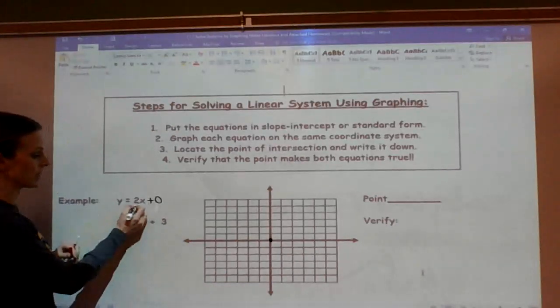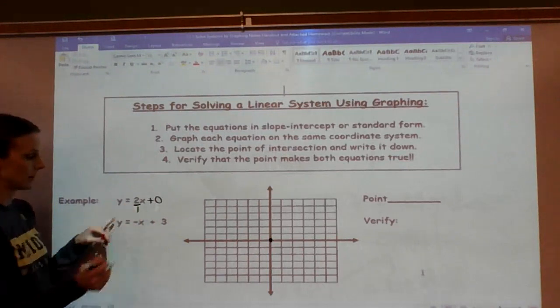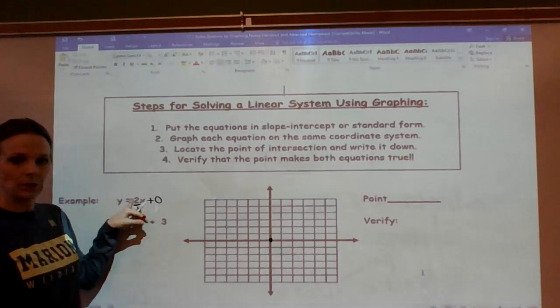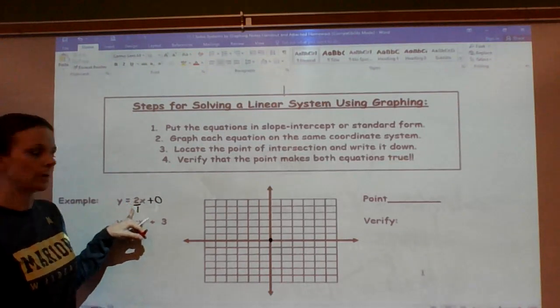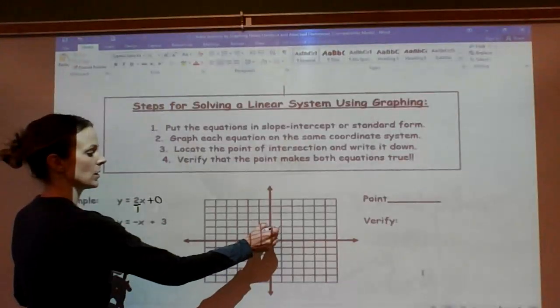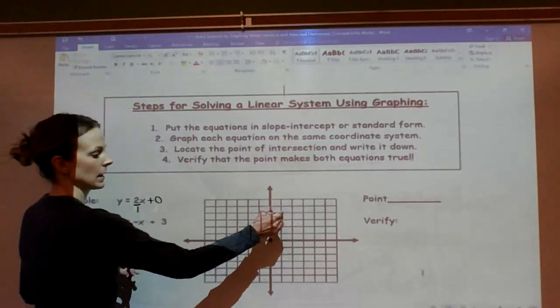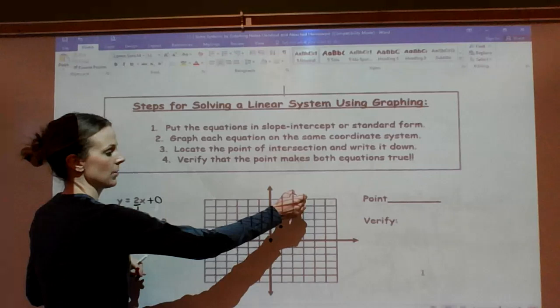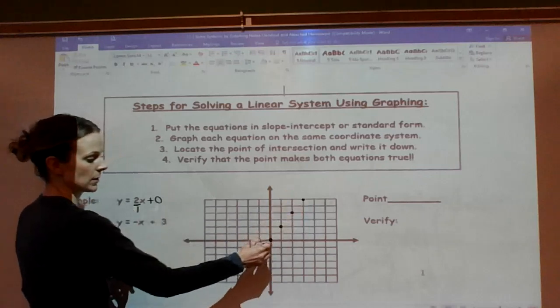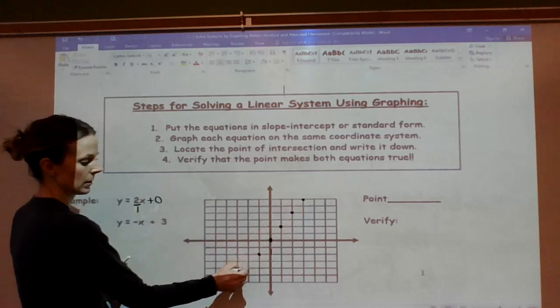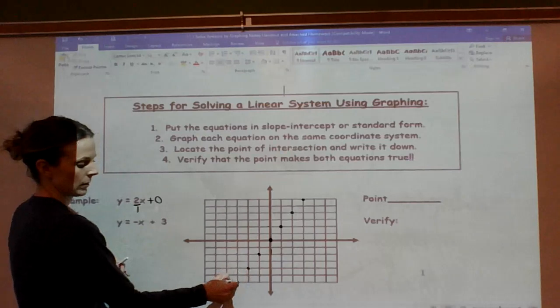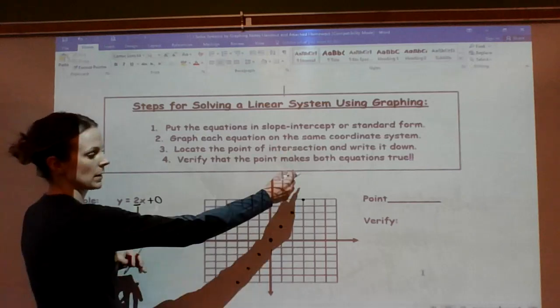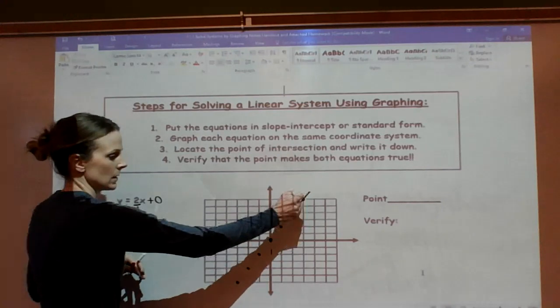So I want it to be a fraction, so I'm going to put it over 1. I'm going to rise 2, and then I'm going to run 1. So I'm going to go up 2 and over 1. Again, I'm going to keep doing that till I run off my graph. And then I'm also going to reverse it and go down 2 and back 1. Okay, because the goal is I'm hoping that one of those points will be a solution.